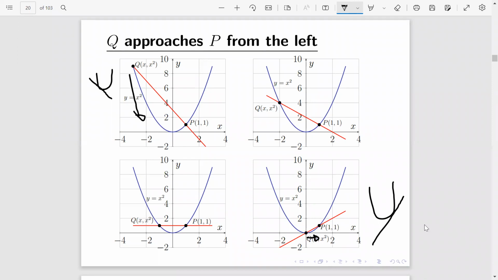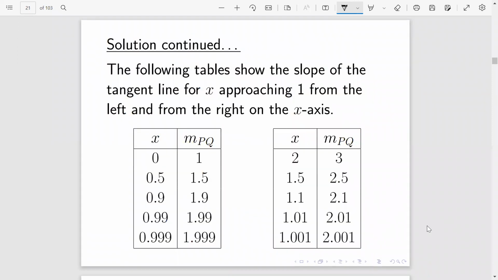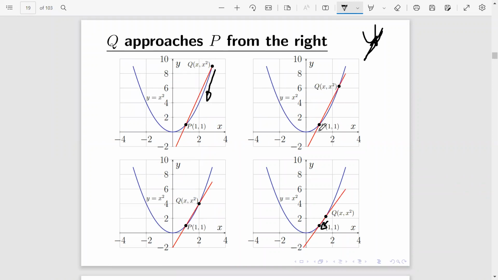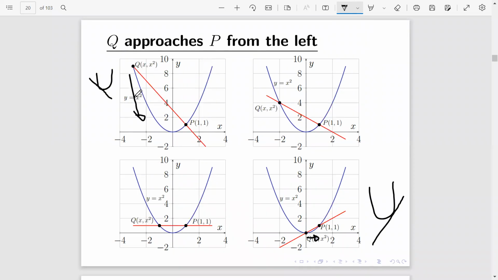Remember that we're moving these x values closer to 1. The x value of this coordinate Q is more than 1, so we want to reduce these x values to be closer to 1. If you look at the x values here, they are less than 1.